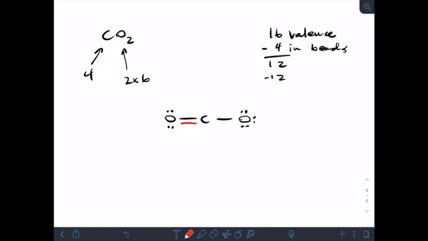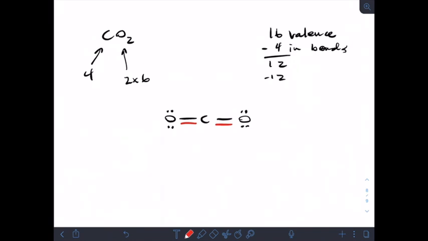So I'm going to borrow another set. I'm going to borrow those and put them right there. Now, at this stage, all the species have 8 valence or 8 electrons around them. All their octets are satisfied.